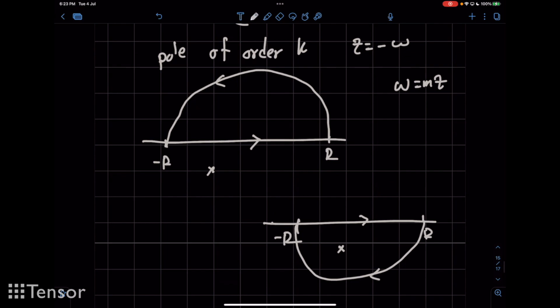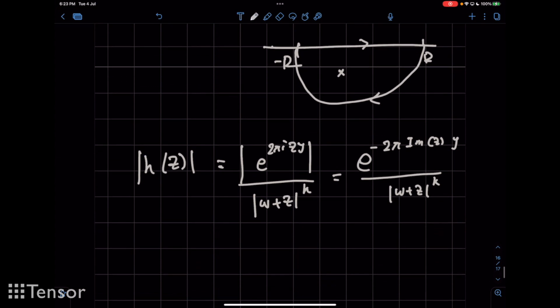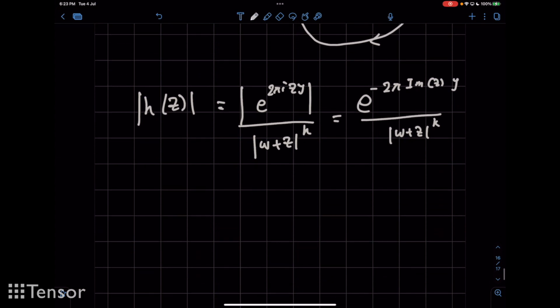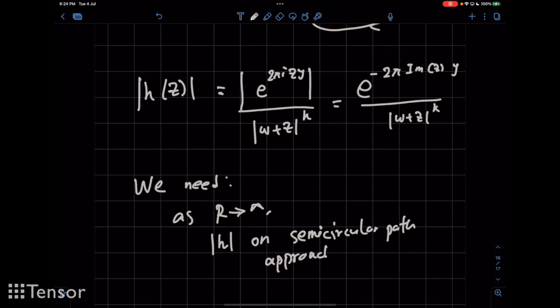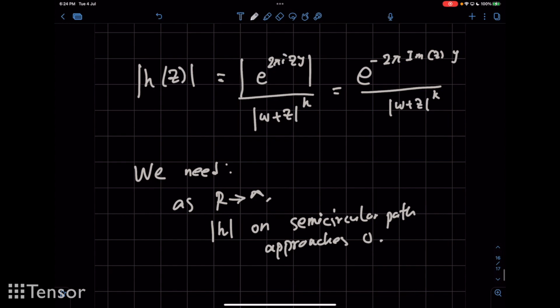We want only the contribution of the real line, right? So what do we need? We need that as r goes to infinity, the absolute value of h on the semicircular path approaches 0. Okay, so this is what we need for doing the contour integral.